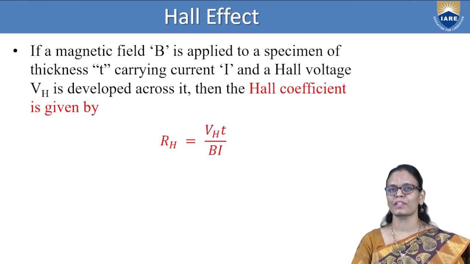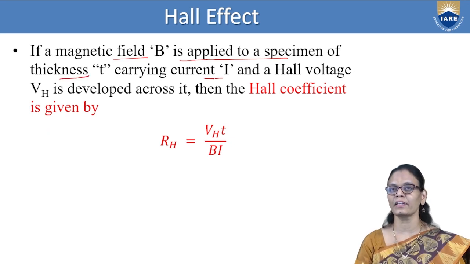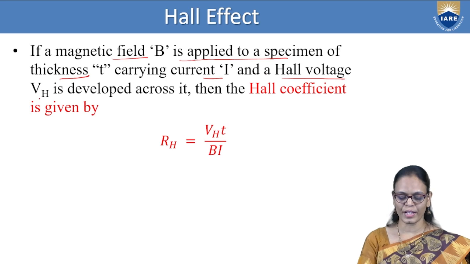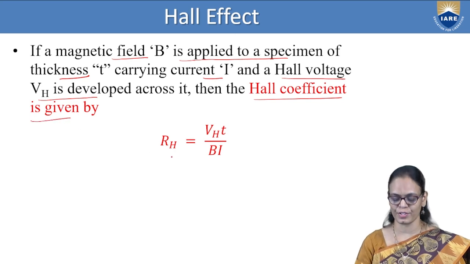Now what is Hall effect? So we have already seen this. If a magnetic field B is applied to a specimen of thickness T carrying current I, a Hall voltage VH is developed. Then the Hall coefficient is given by RH is equal to VHT upon BI.